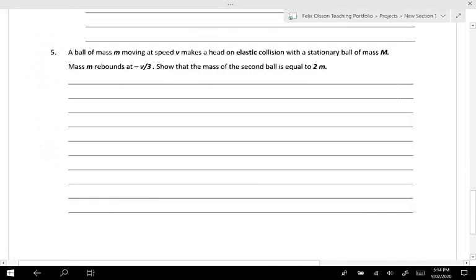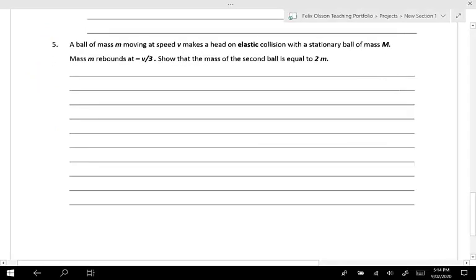Question 5 says that we have a ball of mass m moving at speed v, making a head-on elastic collision with a stationary ball of mass M. Elastic means kinetic energy and momentum are conserved. What I would do here is just draw a diagram. We have two balls, one of mass m and one of mass big M. One is moving with speed v initially, and afterwards they collide, and we have the small ball moving this way with a speed of negative v over 3.